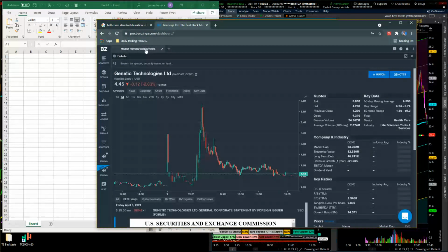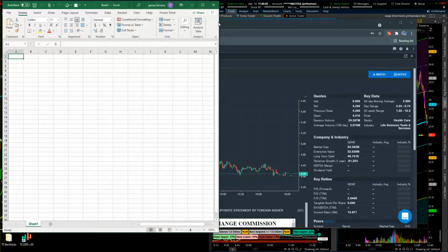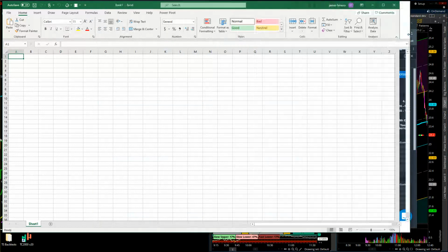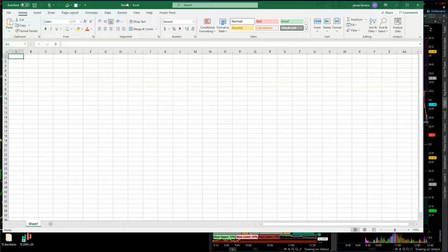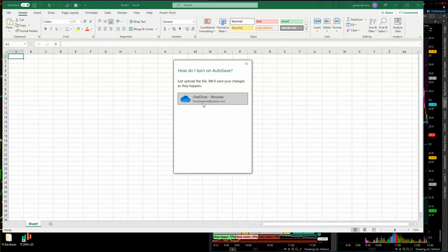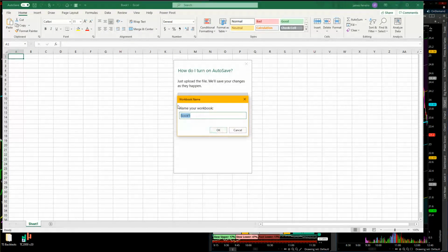Okay, so there we go. We've identified the J-hook setup. That's what we're going to track, right? J-hook setup. And so I'm going to go into Excel and turn on autosave.